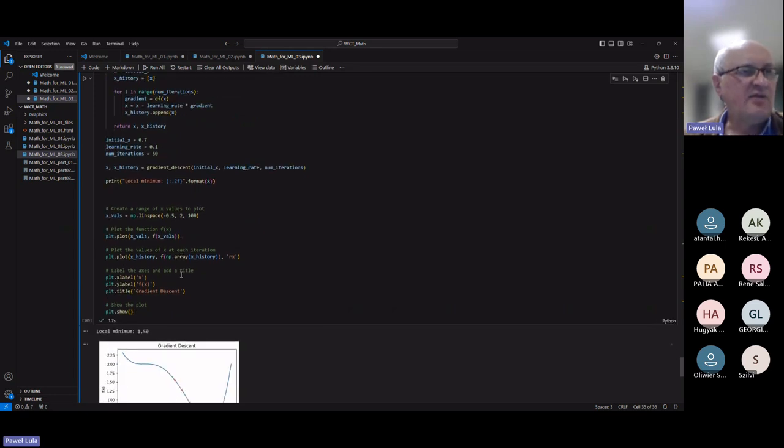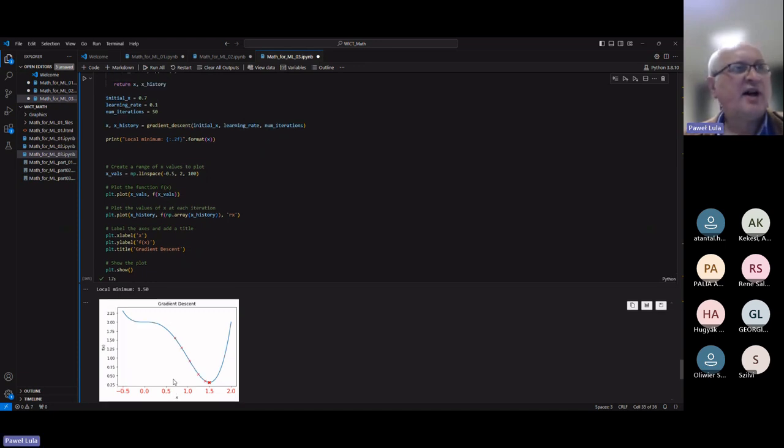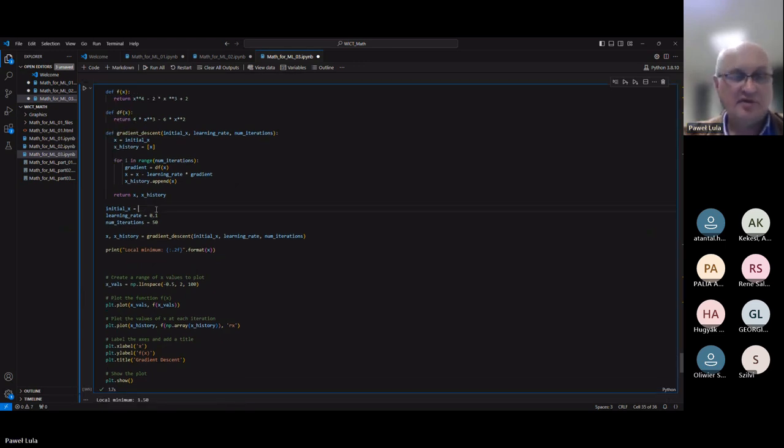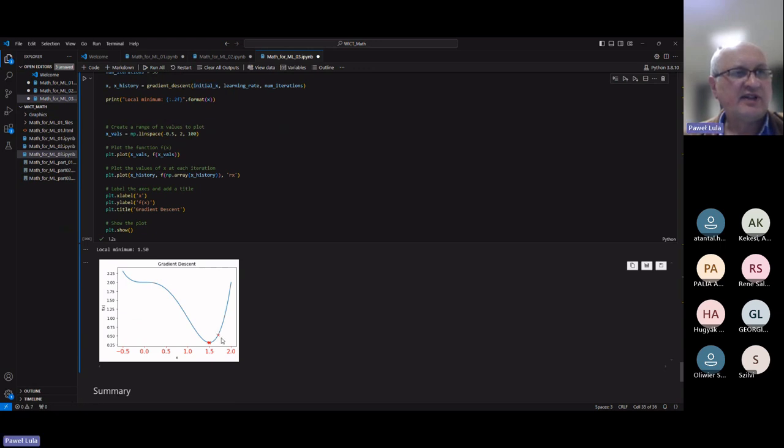Okay, but now, because our starting point was 0.7, now I will change it to 1.7. We started from this point, and also we reached this minimum.